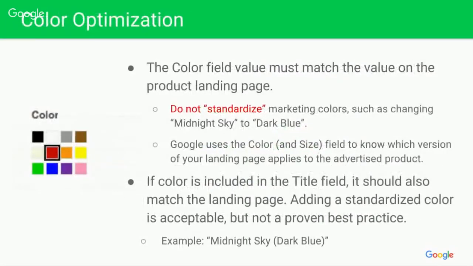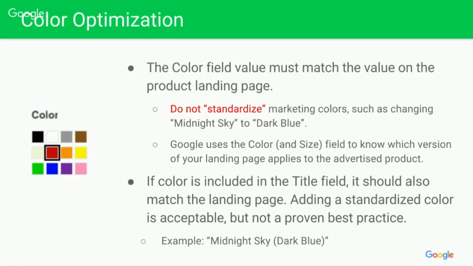Color optimization is something that we see a lot of questions and confusion about. So let me talk through this a bit. The color field in the feed needs to match the color that's on your landing page. It's very common for retailers now to use what I'll call marketing colors. So in this example, Midnight Sky is the name of the marketing color, when in fact it's a dark blue color.